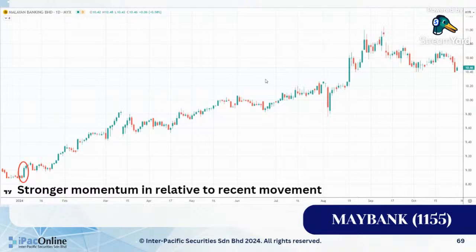And I will identify it as a Marubozu if the candle body is very long relative to its recent candles.